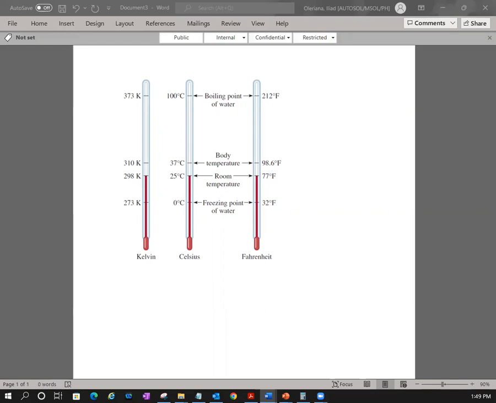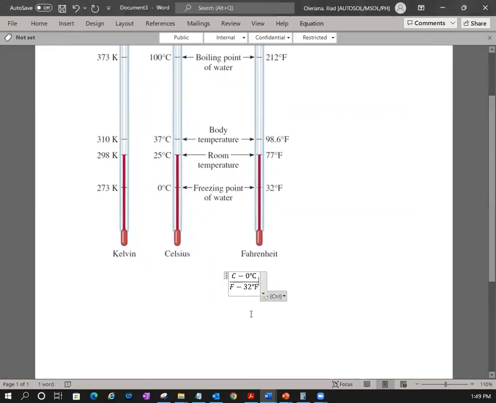So C, ililess natin yung 0 at F, ililess natin yung 32. Tapos kunin natin yung ratio. So yun. Kung makikita natin, C minus 0 degrees Celsius, F minus 32 degrees Fahrenheit. So equate natin yan sa total number of scales na meron dito.